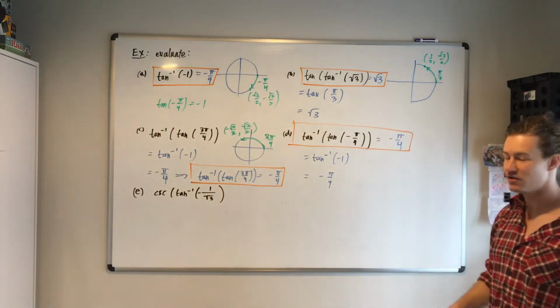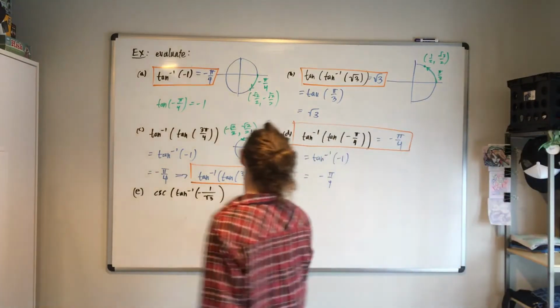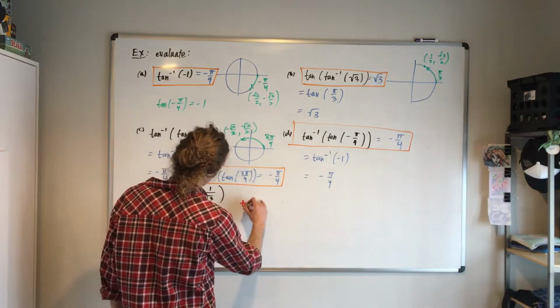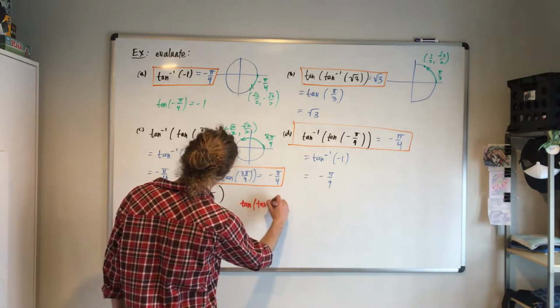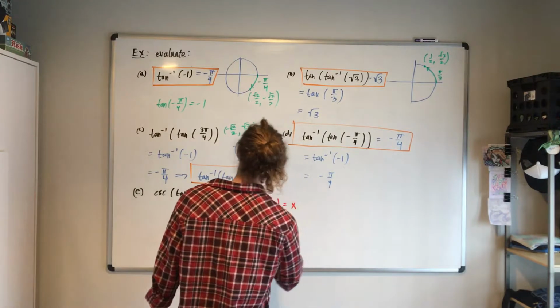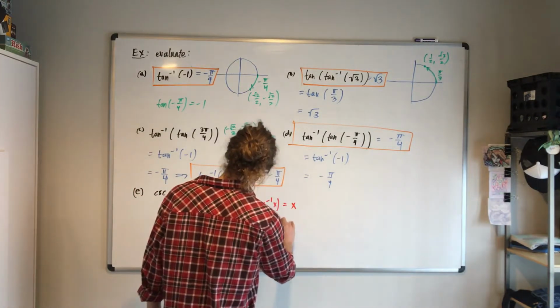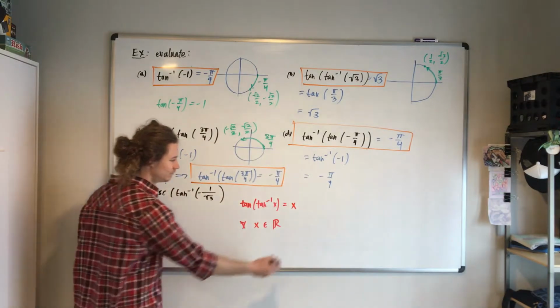So again, let's go ahead and just note some theorems we could write for the tangent and the inverse tangent. We can say that the tangent of the inverse tangent of x equals x for all x within the domain of inverse tangent, which is all real numbers.